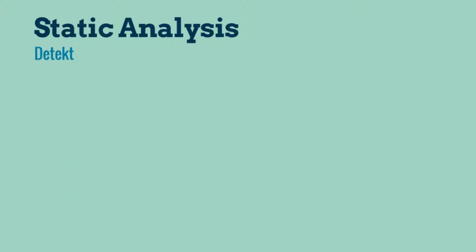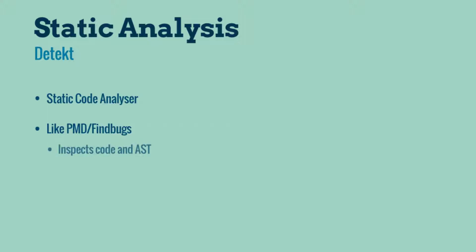Has to be. Now, the next tool we said is detekt. It's a static code analyzer, which is a bit more of a generic term, and it is more similar to what PMD and FindBugs would do in the Java world. It inspects both the source code and the abstract syntax tree that is built from there.